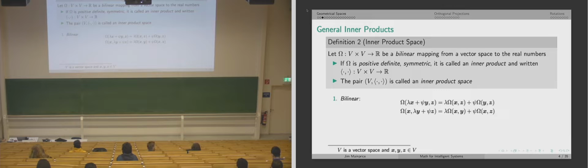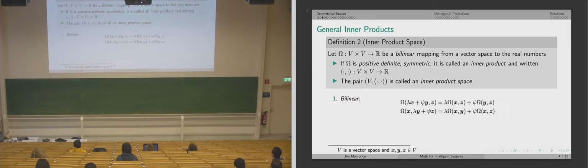So what is bilinearity? Just as we defined linearity, simple linearity says that if I have a mapping and I take the weighted sum of two elements, it is equal to the scaled mapping of the first element plus the scaled mapping of the second element.